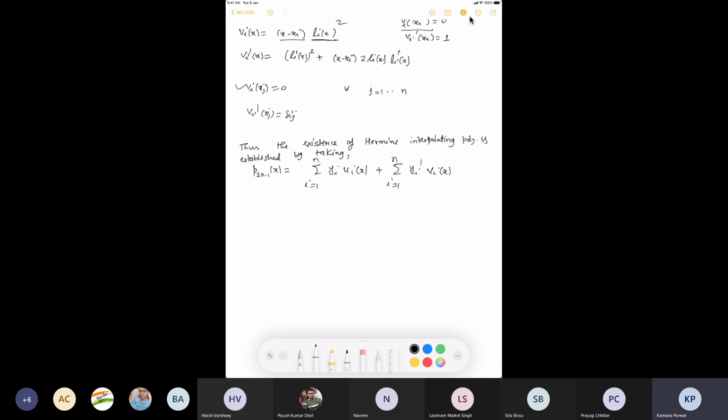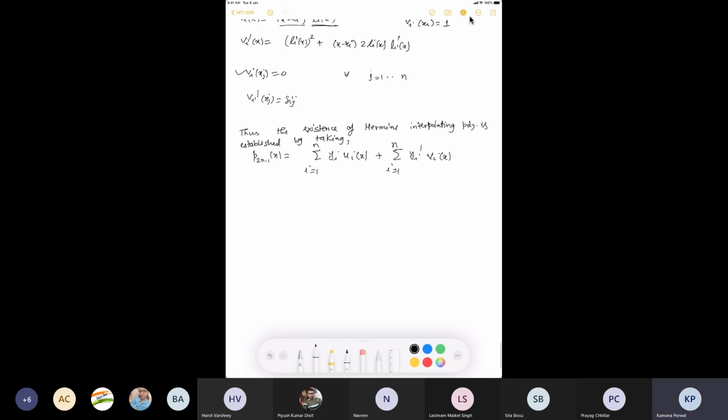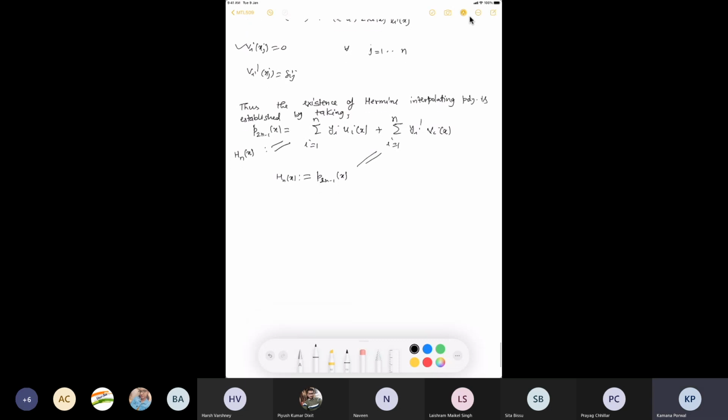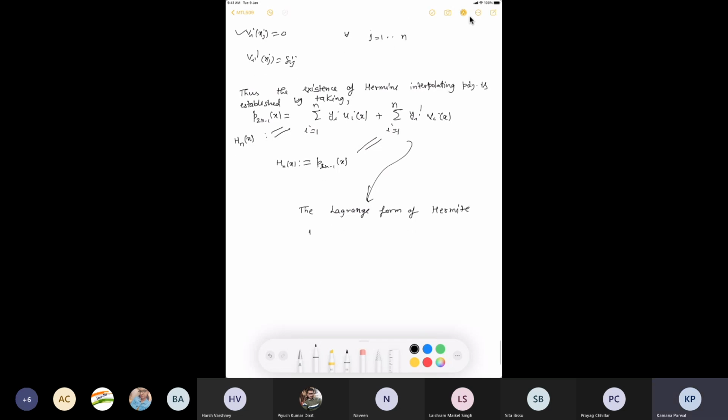But let me say what I'm going to call this polynomial. I will use the notation Hn(x) for this. That is, Hn(x) I'm going to set as this p2n minus 1 of x which we have found here. And this is known as the Lagrange form of the Hermite interpolating polynomial.